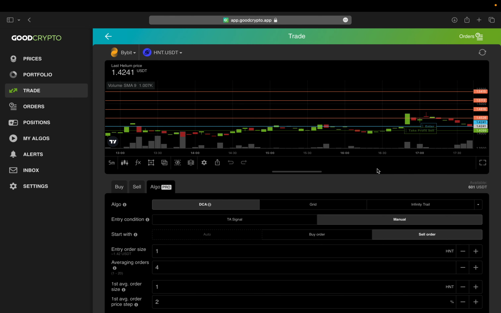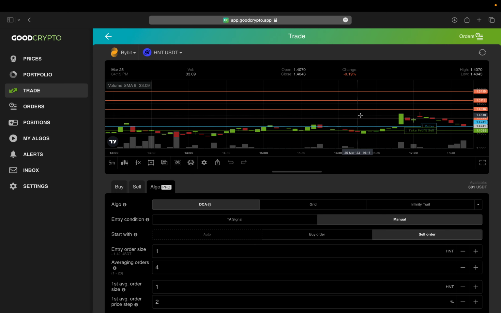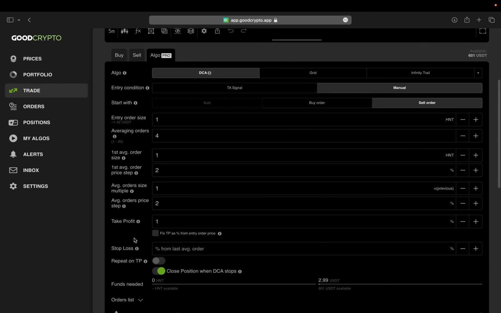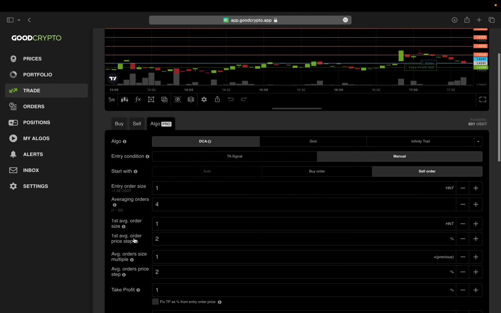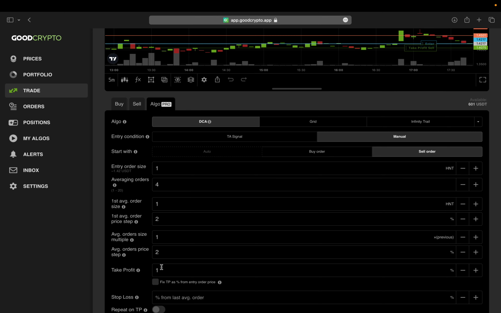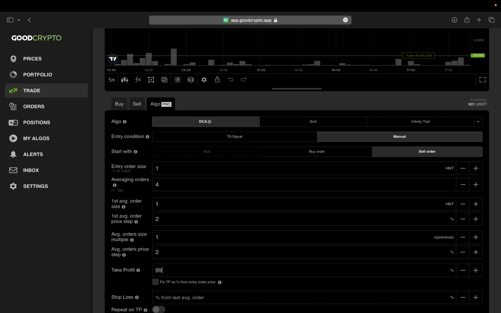Of course, one caveat here is that there is an actual take profit on this DCA, because DCA doesn't know that you already have HNT and just want to get rid of it. So what to do? Unfortunately, DCA doesn't allow you to turn off the take profit at all, but what you can do is place it at 99%, for example.